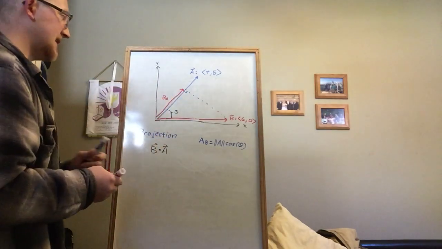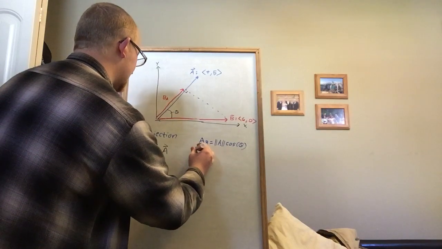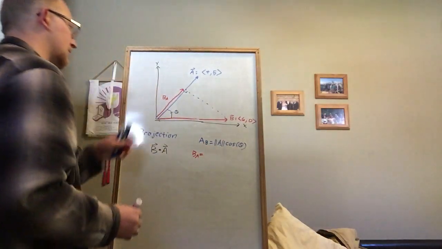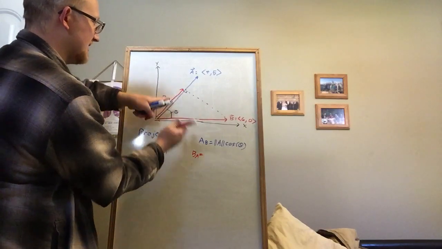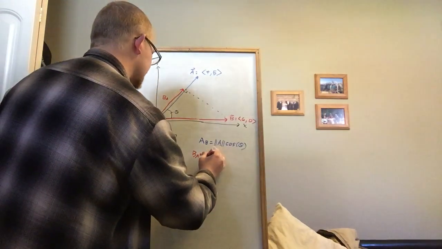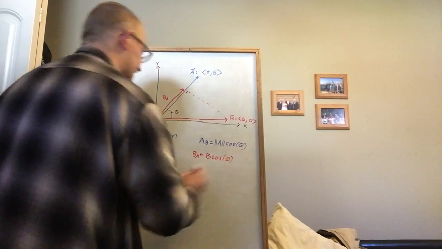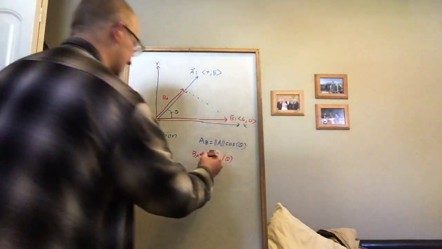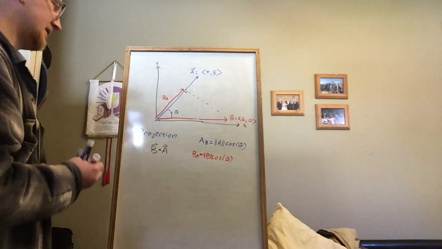And likewise, this angle, B projected onto A, is going to equal the cosine, because it's still the adjacent of this angle compared to this hypotenuse. So BA is B cosine theta. Just like up here, A in the direction of B was A cosine theta.